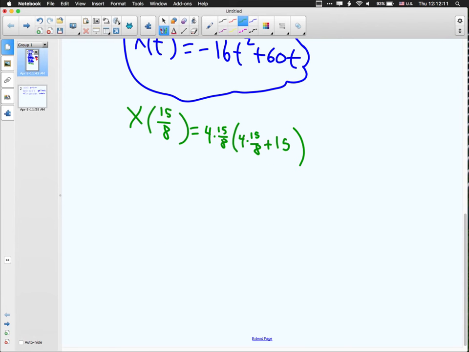Take it back, it's not awful. Cancel that's 2. Cancel that's 2. Oh, well, that's 15 and 15 halves. That's a 15 and a negative 15 halves. That's negative 15 halves.